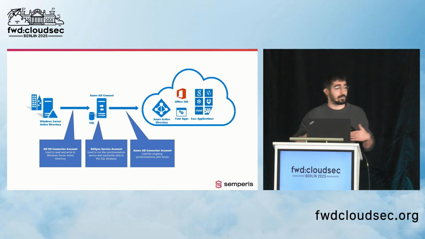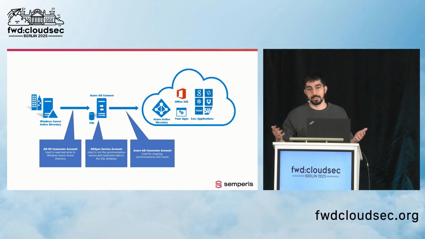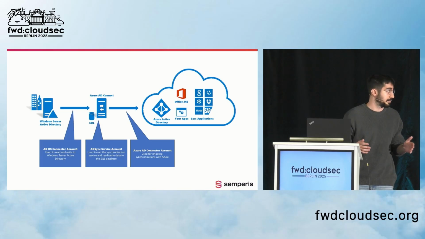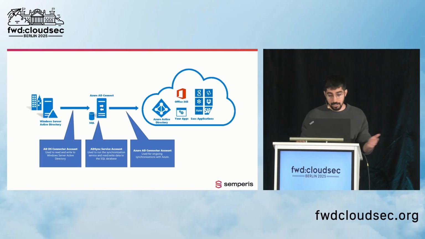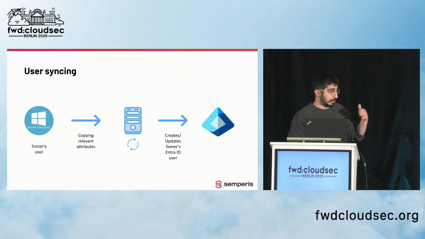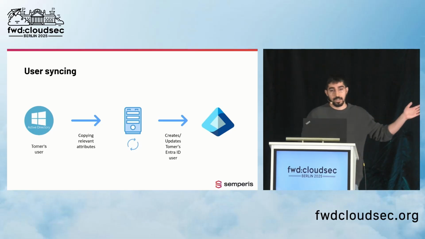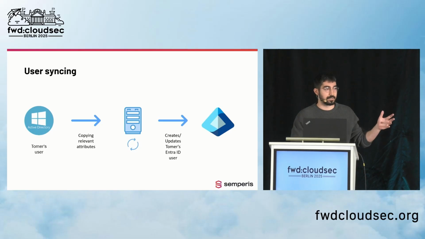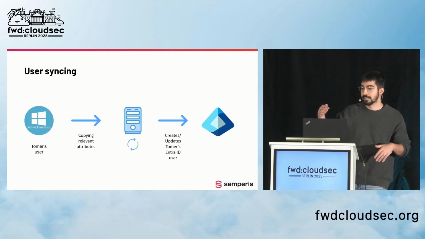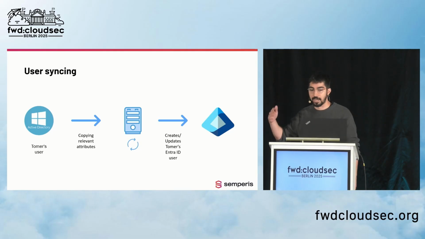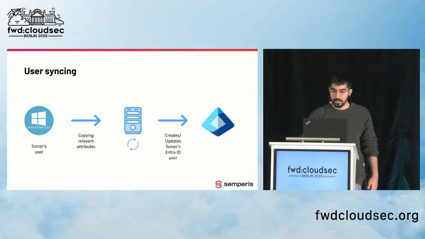You can run it on its own dedicated server, but I'll be honest, in my test labs, I'm just doing it on my DC because it's just easier. And how does it look? We have a user in AD, for example, my user, and Entra Connect copies all of the relevant attributes and creates or updates my user in Entra ID.